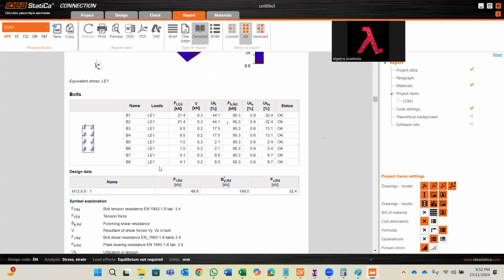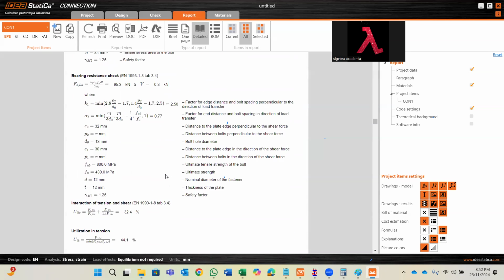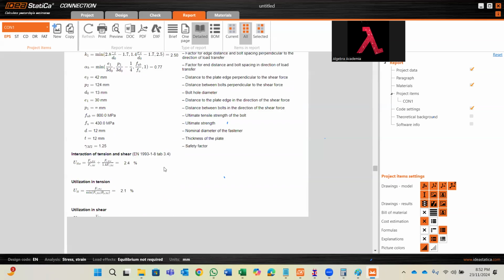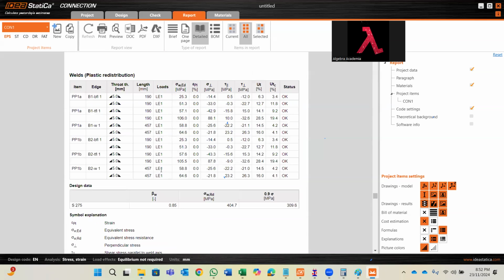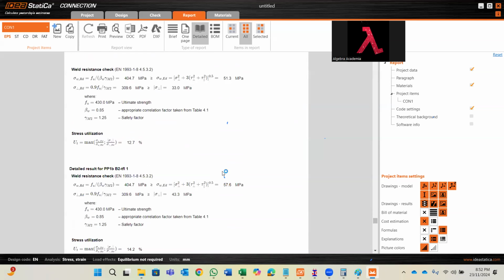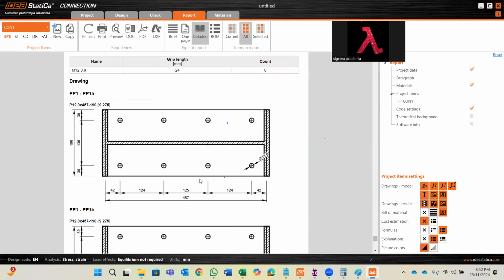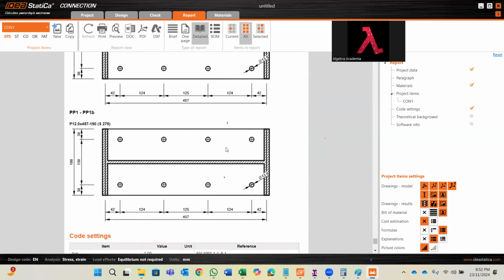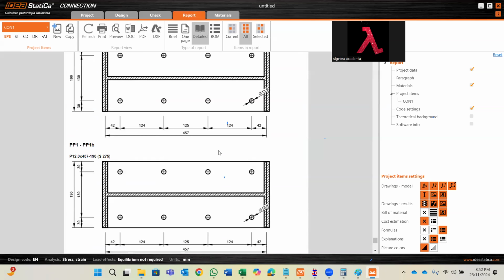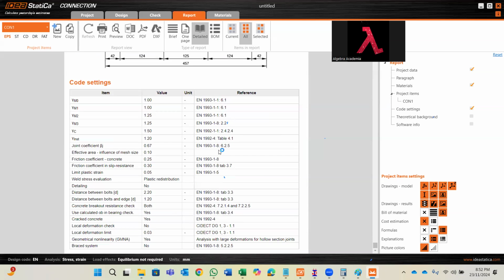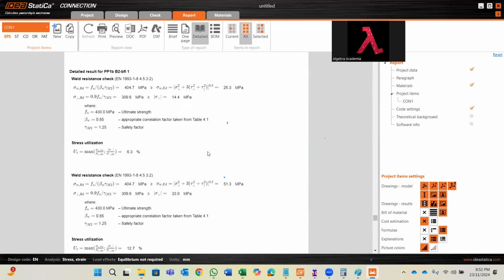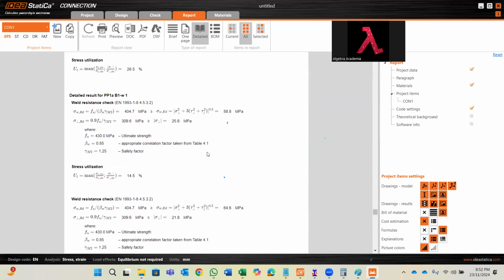This is the utilization factor for the bolts, and these are a bit of manual calculation. And this is the throat thickness, the weld thickness utilization ratio. Going back, and these are the drawings for the connection design, the base plate as well as the bolt. That's all. Is it clear, right?